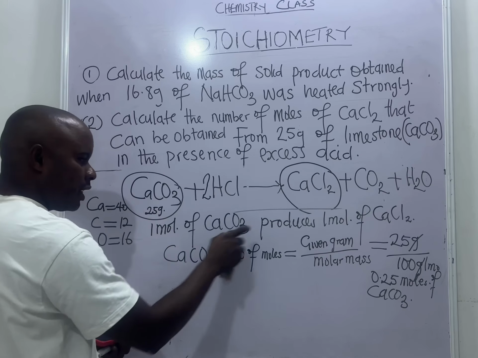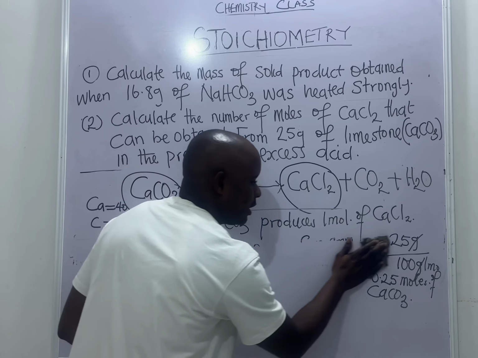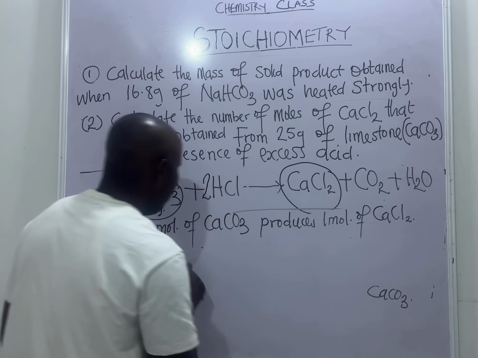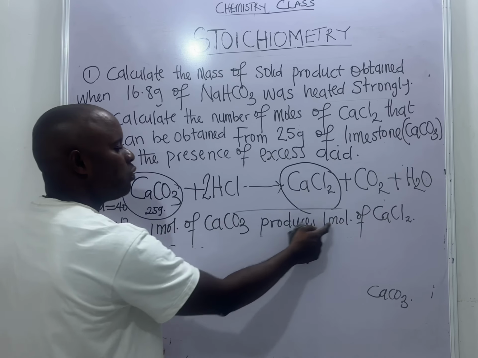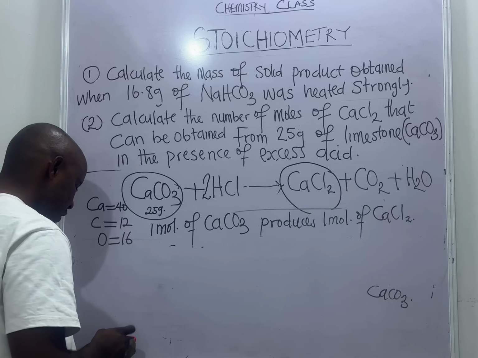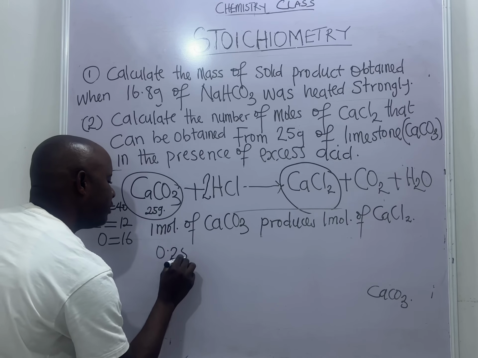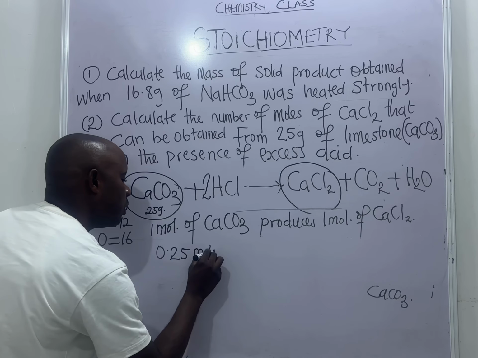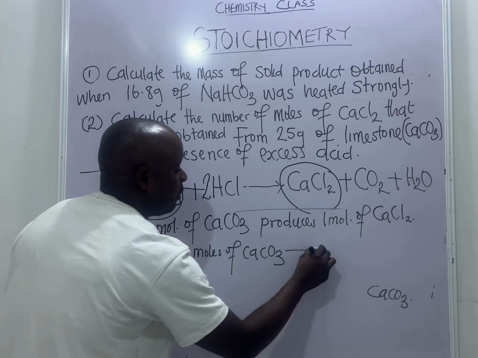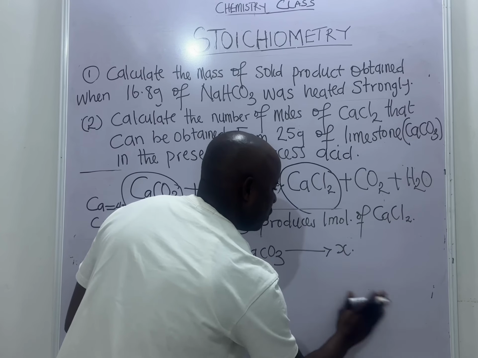If 1 mole of calcium carbonate produces 1 mole of calcium chloride, how much calcium chloride will 0.25 moles of calcium carbonate produce? We don't know.